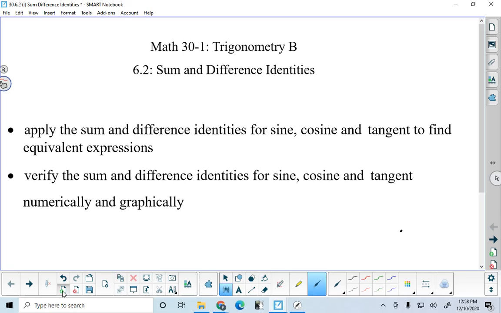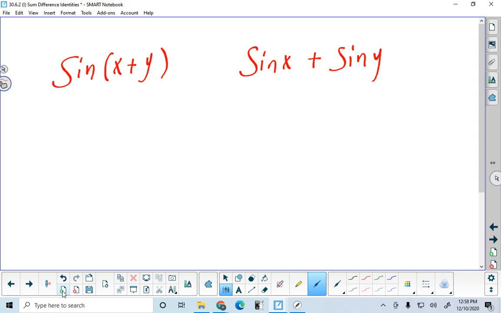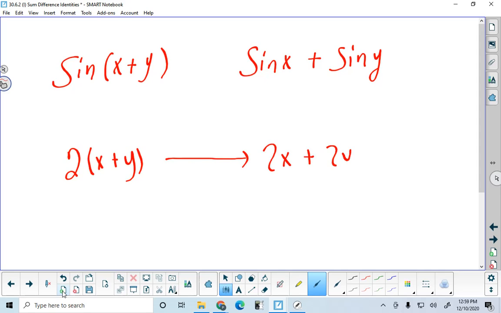I have had students in the past, even after this lesson is done, write something like sine of x plus y as sine of x plus sine of y. We've already learned in mathematics there are certain operations that you can do that and certain that you cannot. For example, if I have 2 times x plus y, we are allowed to write that as 2x plus 2y.